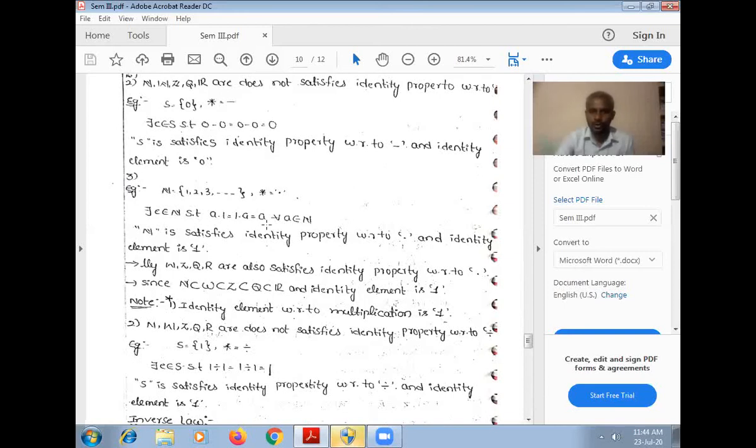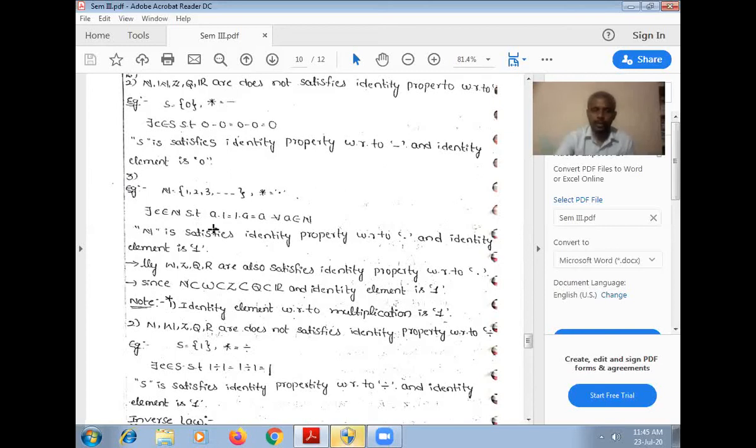Similarly, we can take any value in N and multiply with 1, we get the same value. So 11 into 1 equal to 11, 1 into 11 equal to 11.